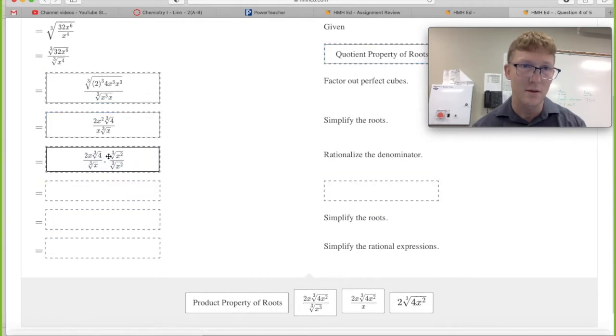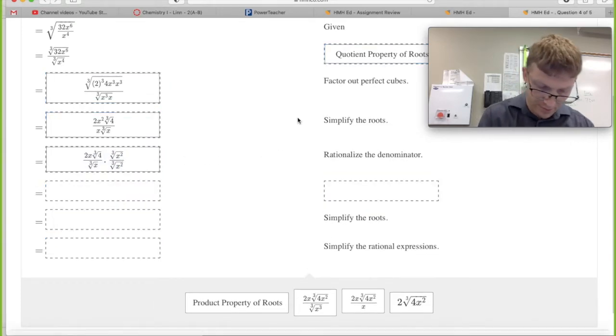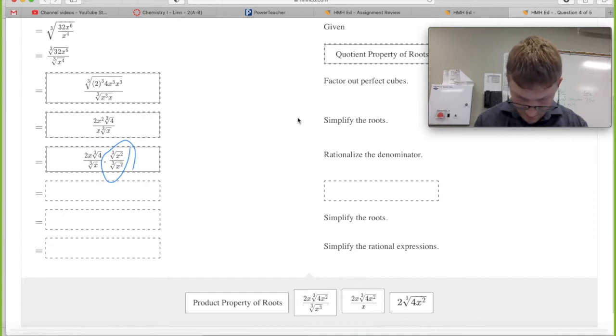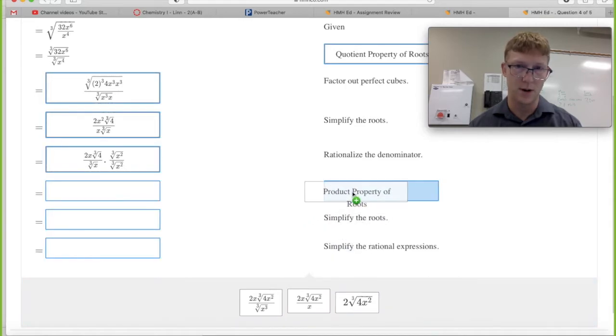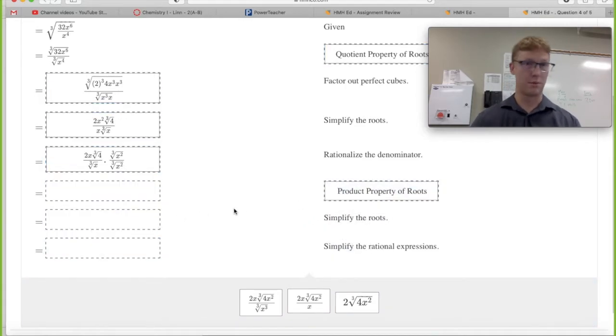That's that guy. I know that because we're multiplying by a fancy version of 1. Product property of roots. What do we have left? So then we've got both cubes. They're getting multiplied together.